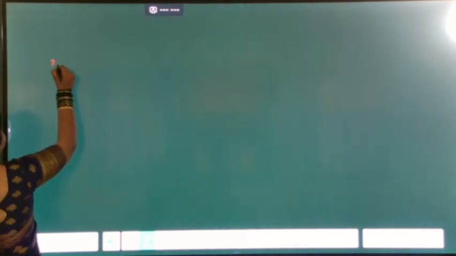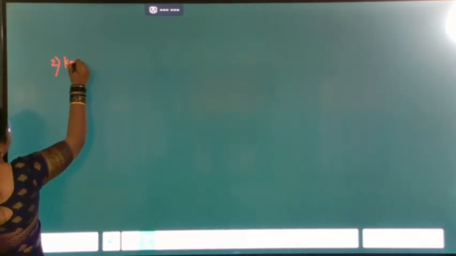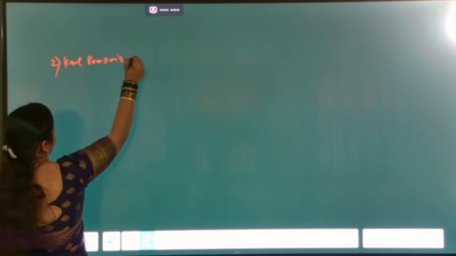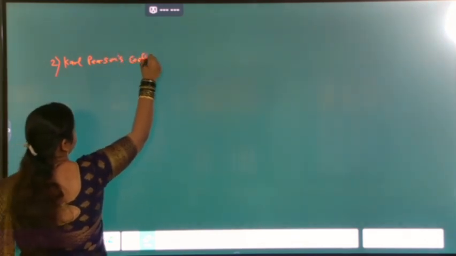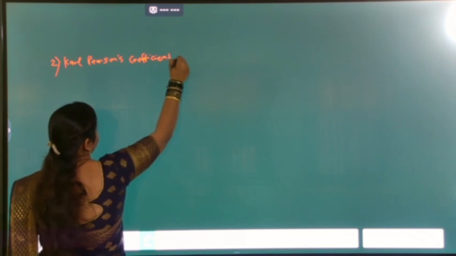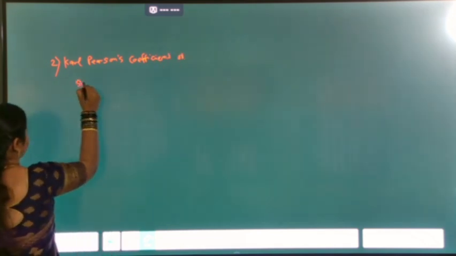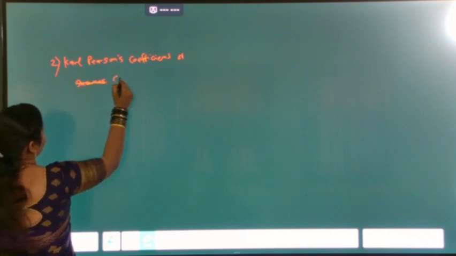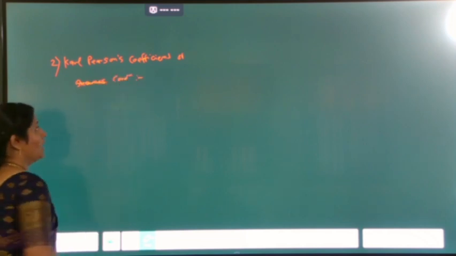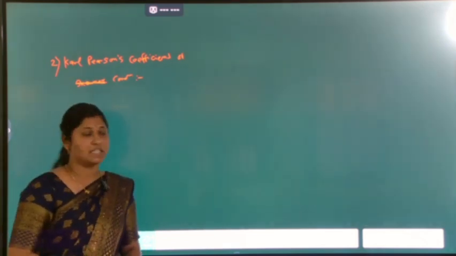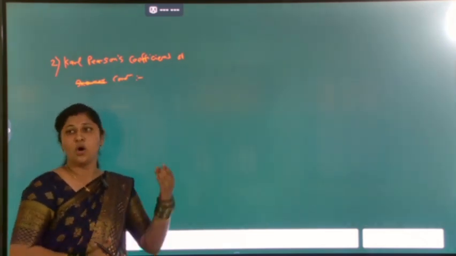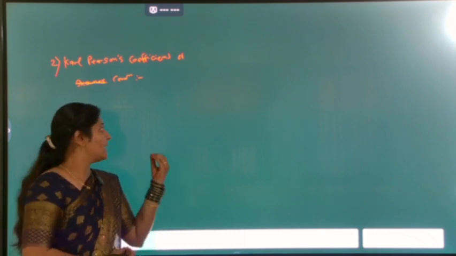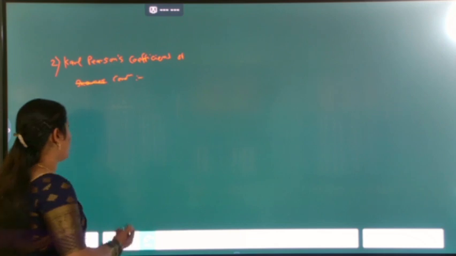Second method, Karl Pearson's coefficient of correlation. Karl Pearson coefficient of correlation is defined as the ratio of covariance between x and y divided by the product of SD of x and SD of y.